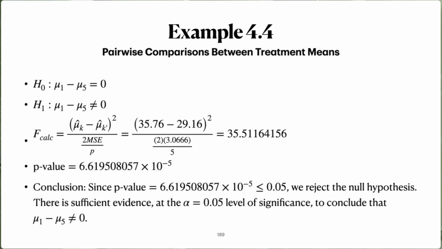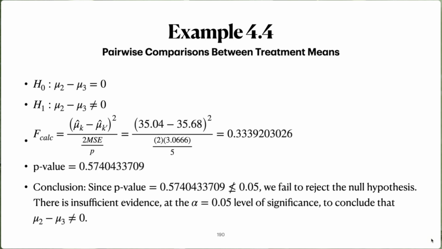And because that is less than or equal to 0.05, in this case we would reject the null hypothesis. And so there is sufficient evidence at the 0.05 level of significance to conclude that the difference between means 1 and 5 is not equal to 0.